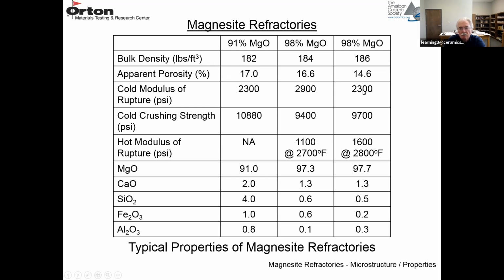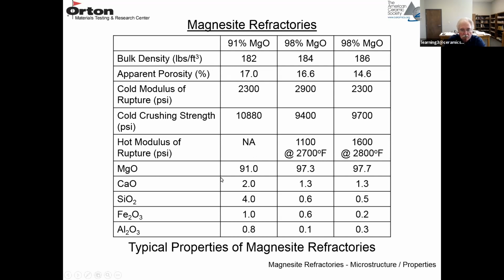Fairly good cold MOR, very good cold crushing strength or compressive strength. The hot MOR is relatively decent for the two 98% MgOs, 1100 and 1600 PSI at 2700 and 2800 degrees F. This one is not reported or not available.